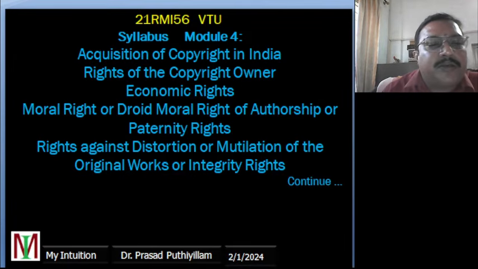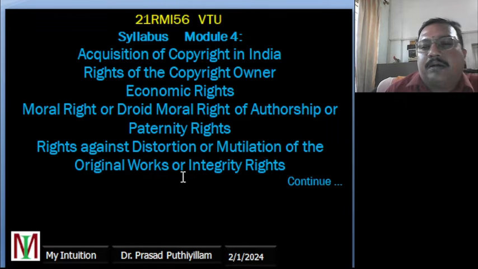Okay, so acquisition of copyright in India, and the rights of a copyright owner. This segment explains the economic rights and the moral rights, which are needed for the author so that his integrity and his work are protected.